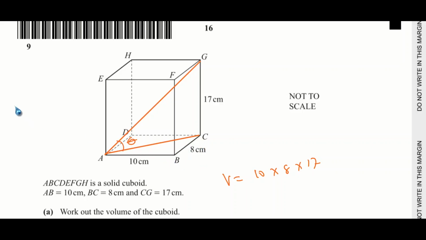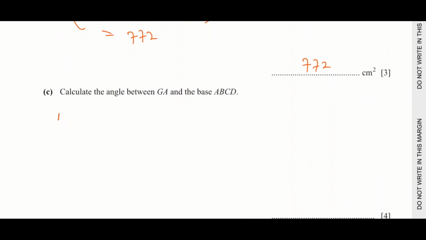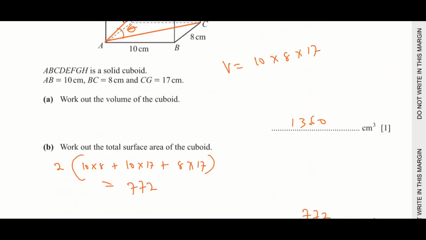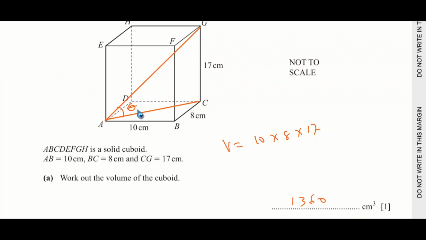AC will be the square root of 10 squared plus 8 squared. This will give us 12.80 centimeters straight away.